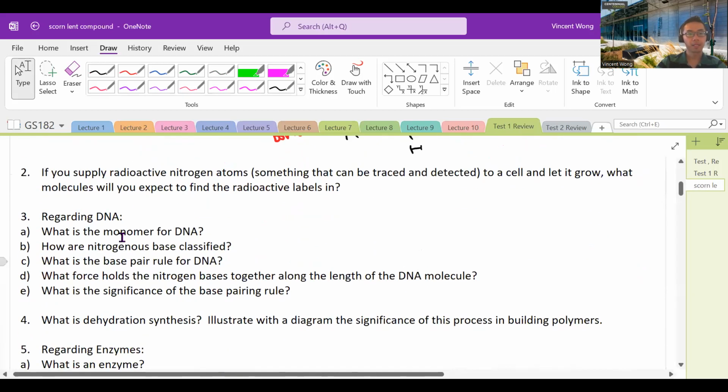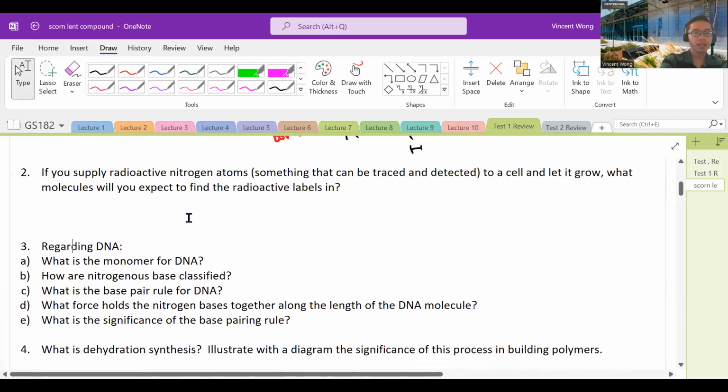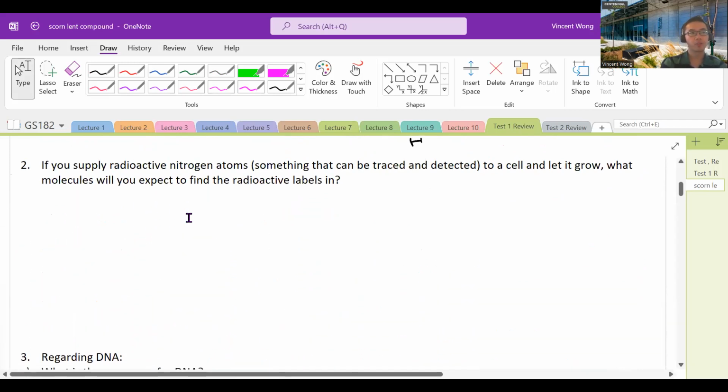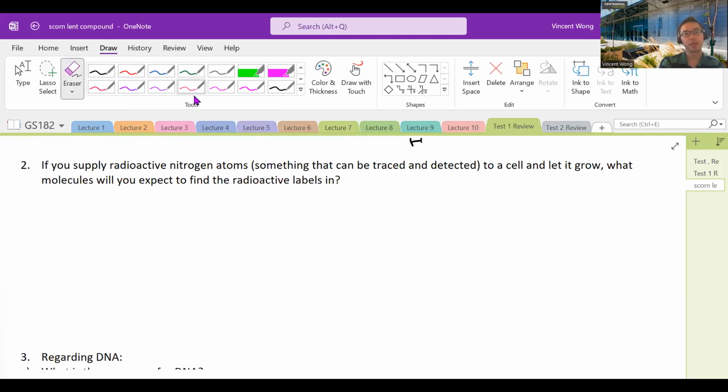Moving on. If you supply radioactive nitrogen atoms, something that can be traced and detected, to a cell and let it grow, what molecules would you expect to find the radioactive labels in? This is basically a fancy way of asking what molecules contain nitrogen. So of course we have 4 major macromolecules.